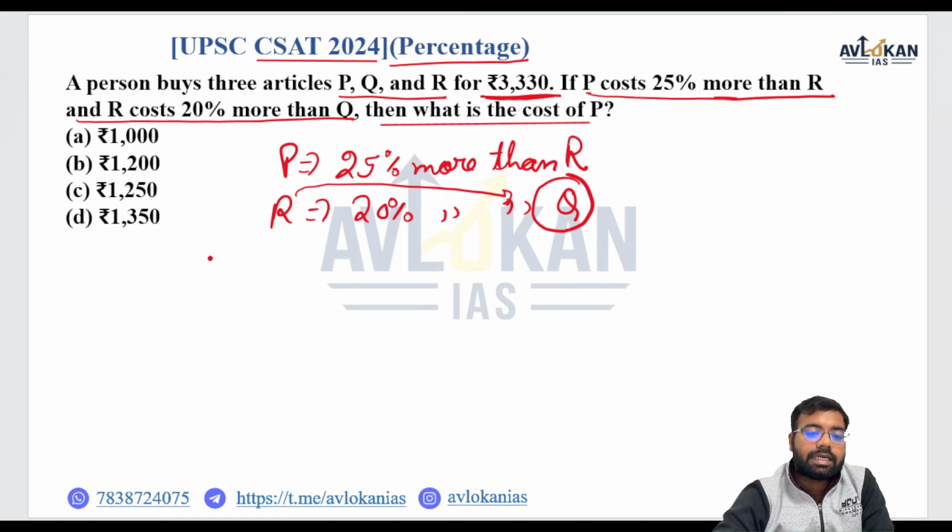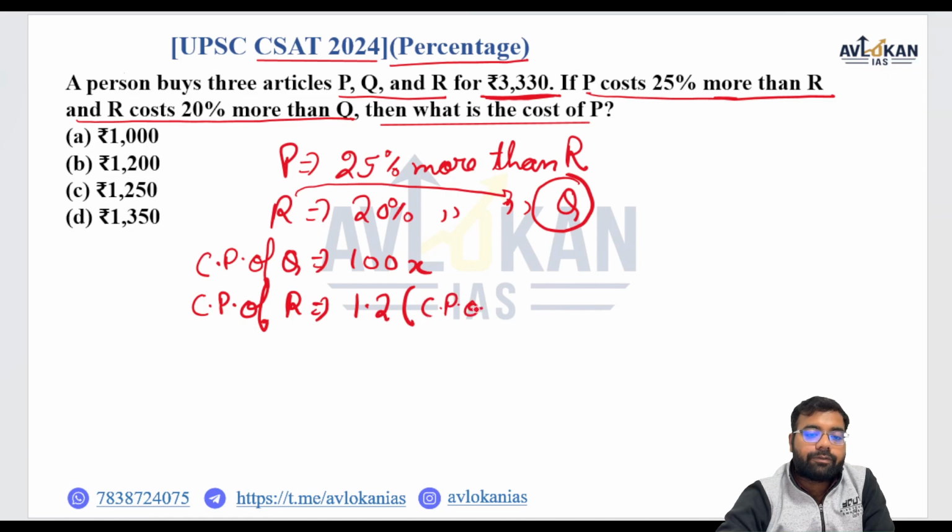So let me say that the cost price of Q is 100x. So the cost price of R is going to be nothing but 1.2 times the CP of Q, because it is 20% more than Q. That means whatever Q is, there is 20% more, that is 0.2 times of Q. So this is going to be 1.2 into 100x, nothing but 120x.